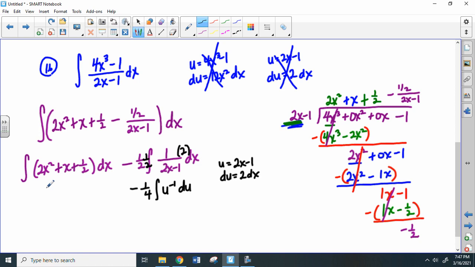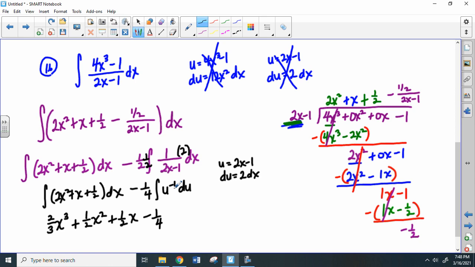Okay, and so I am now ready to integrate everything. All right, so I apply some power rules here to the front pieces. All right, and then I keep my minus 1/4, and the integral of u to the -1 is our natural log of the absolute value of u, right?